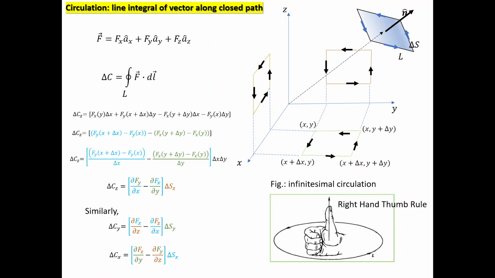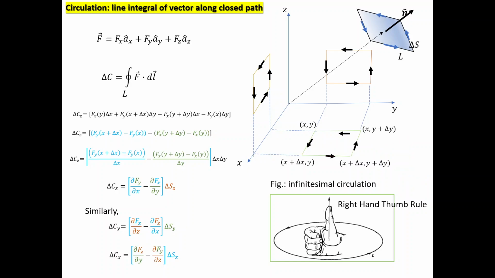That means, suppose we are traversing from this point to this point. If this is the direction of the component of vector field f along y direction, then because this change is del y, which is very small, fy will remain the same. Its value will be constant at the point x.